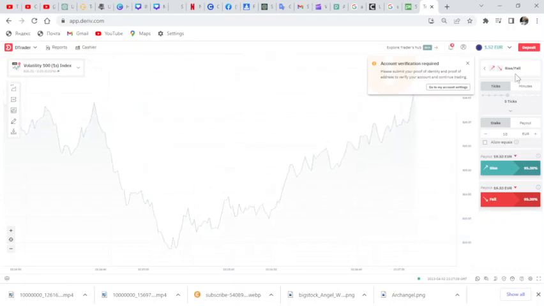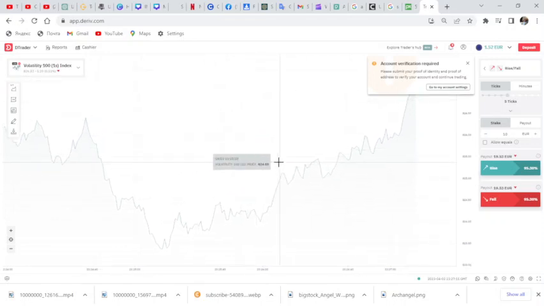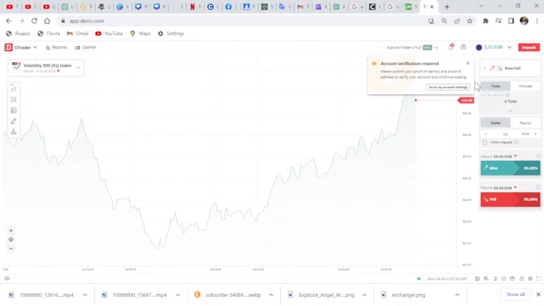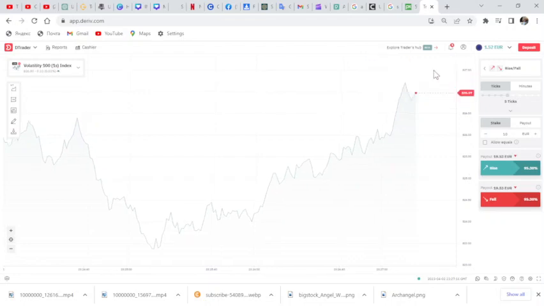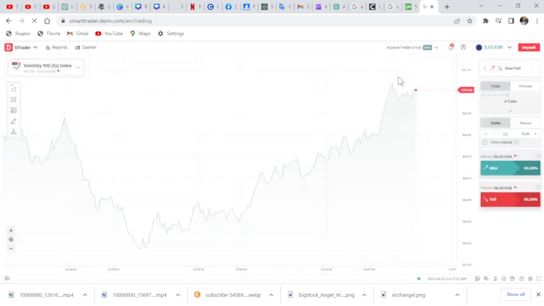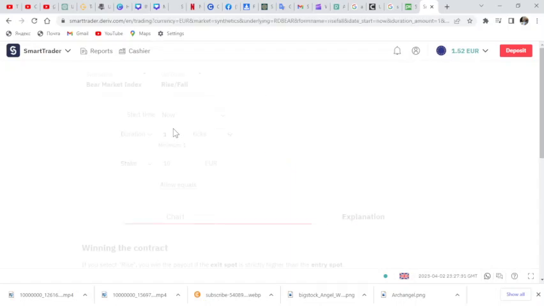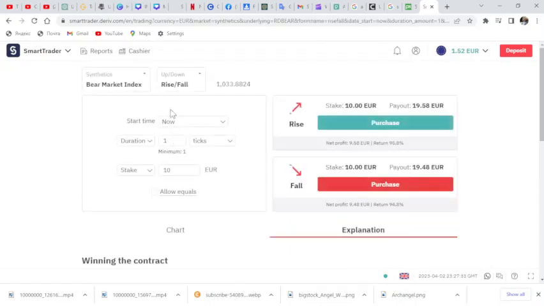In order for you to maximize from the strategy that I'm going to show you, we're going to use SmartTrader. So we're going to be trading using SmartTrader, where we're going to make money.